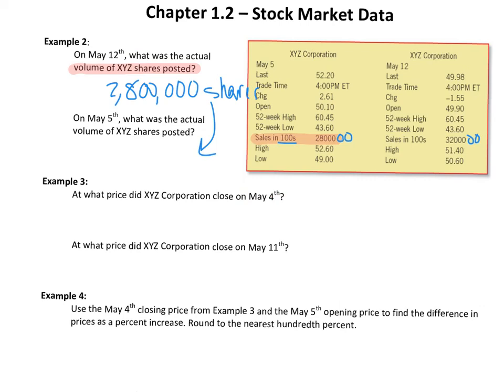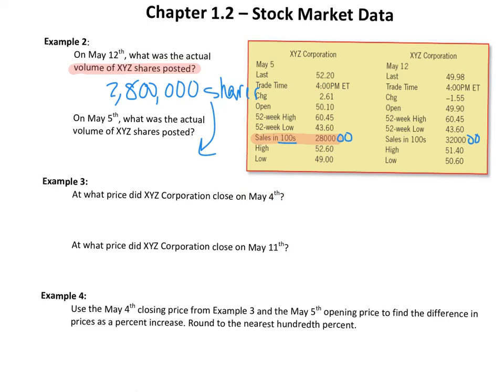And then we can use this information here, the change, since we know what it opened at, and we know that it's changed this much today. We can figure out what it was the previous day.